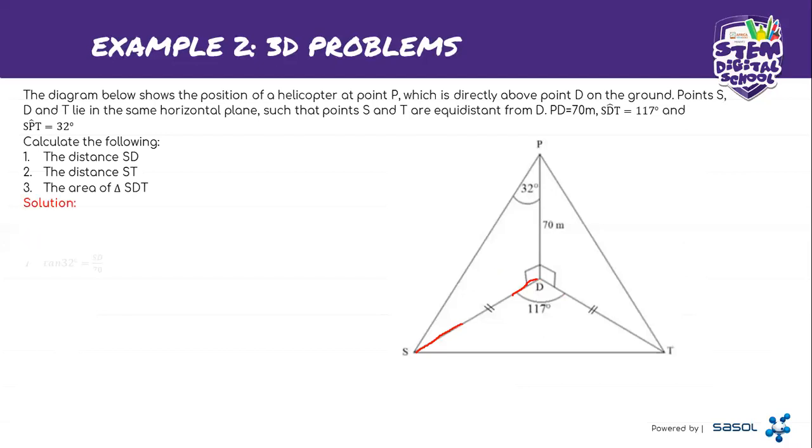Now, because this triangle PDS is a right angle triangle, of course we are going to use trig ratios.